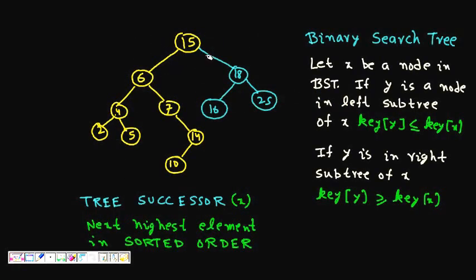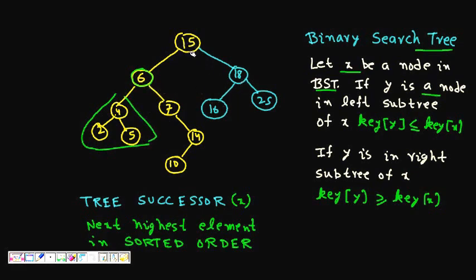First, a little bit of a recap about what a binary search tree is, for those who don't know. A binary search tree is a binary tree in which, if X is a node and Y is a node in the left subtree of X, then the key of Y will always be less than or equal to X. So if we have a node 6, anything on the left of it should be less than or equal to 6.